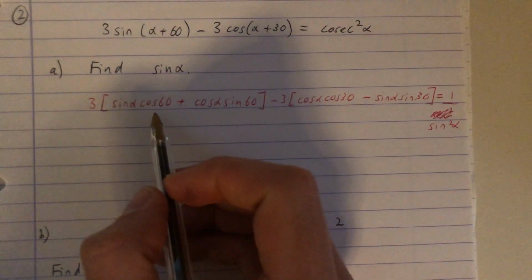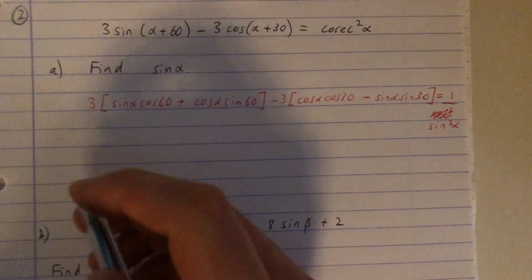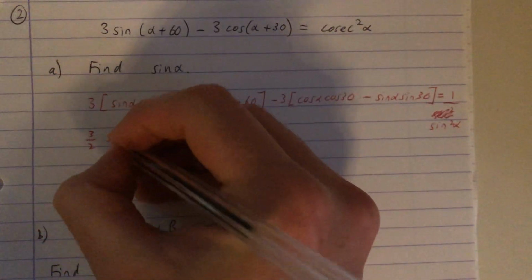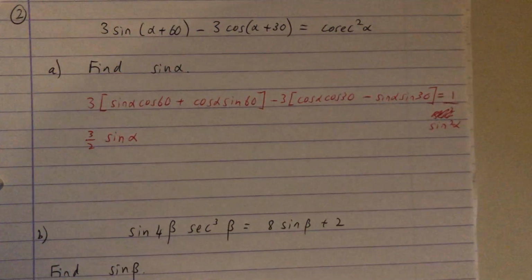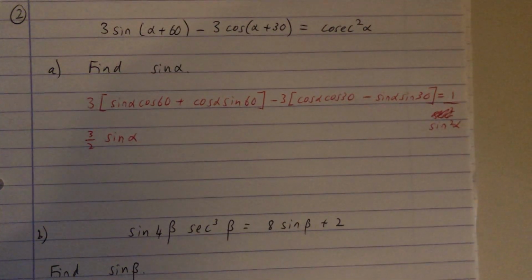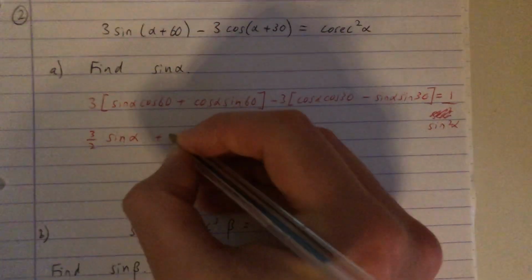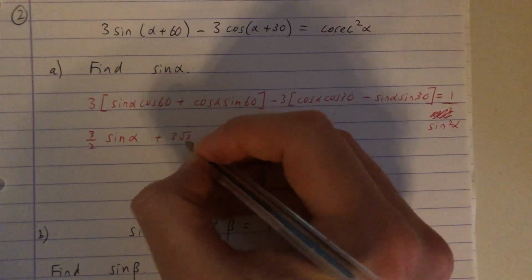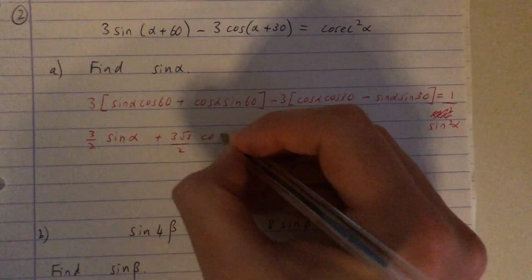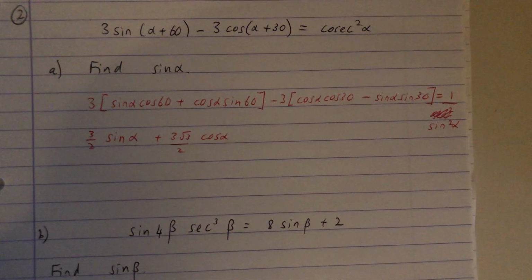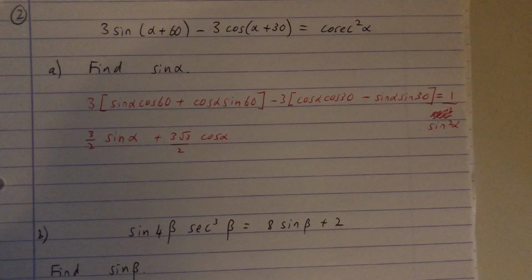So I know that cos 60 is the same as a half. So if I expanded that bracket, it'd be 3 over 2 sine alpha. I know that sine 60 is root 3 over 2. So if I expanded that bracket, I would get 3 root 3 over 2 cos alpha. I know that cos 30 is root 3 over 2.